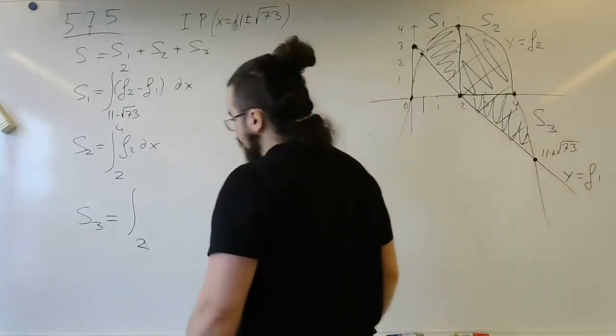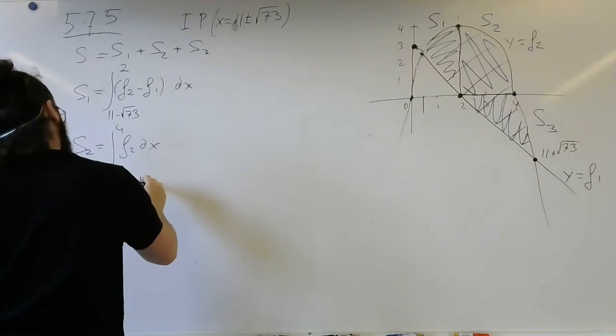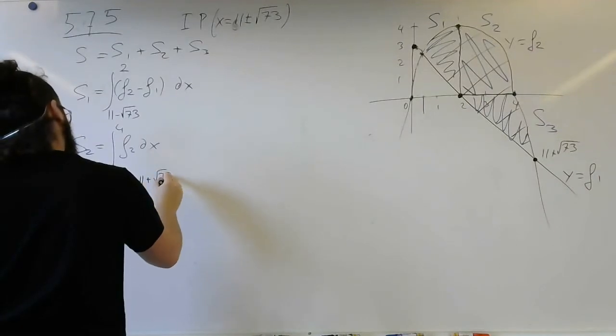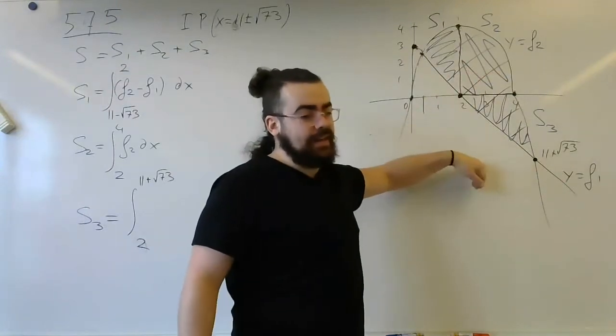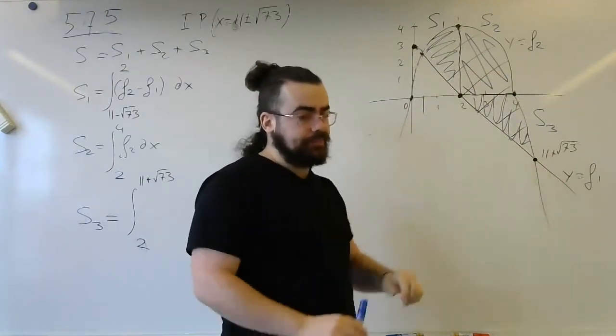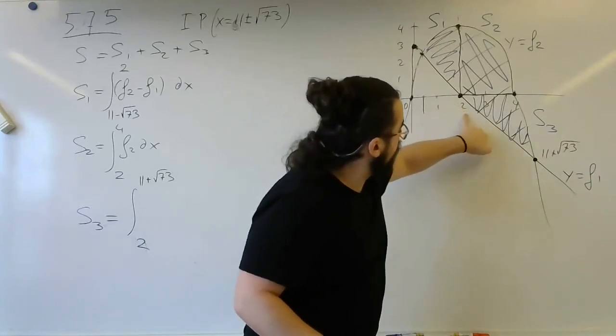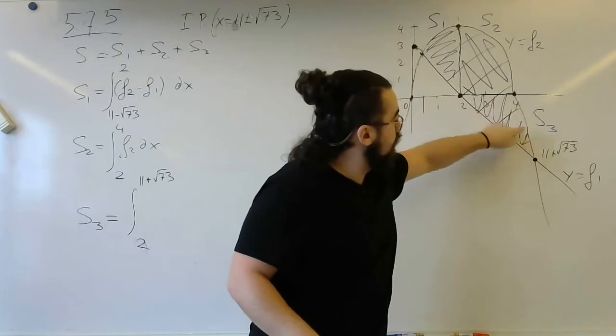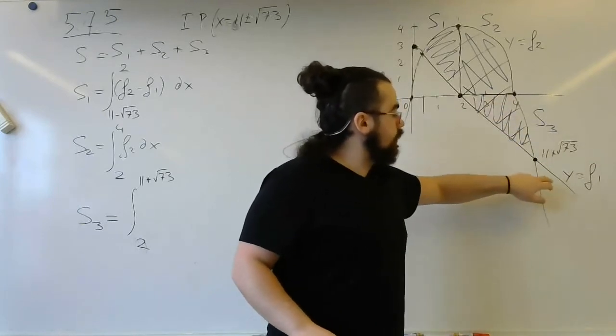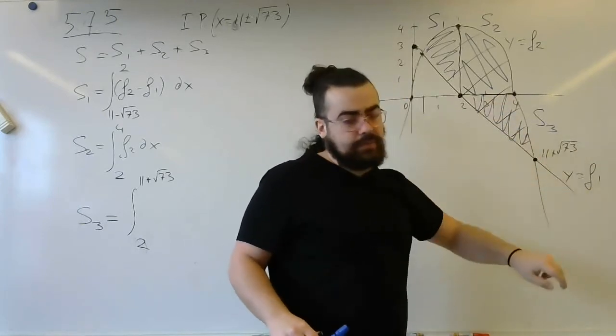To this point here. Of what? If we look at it mirrored, this is the area trapped between this thing and this thing. So it's of F1 minus F2.